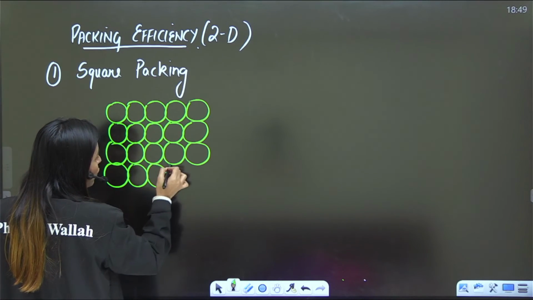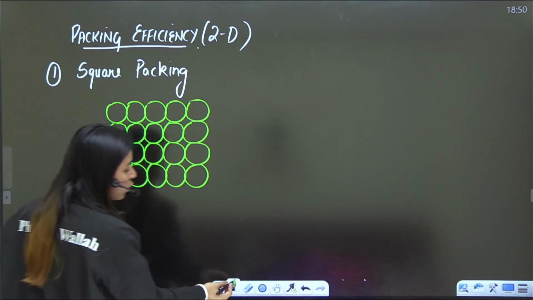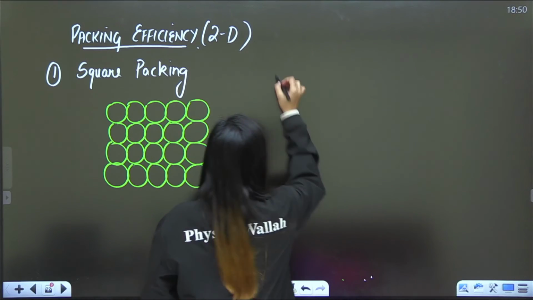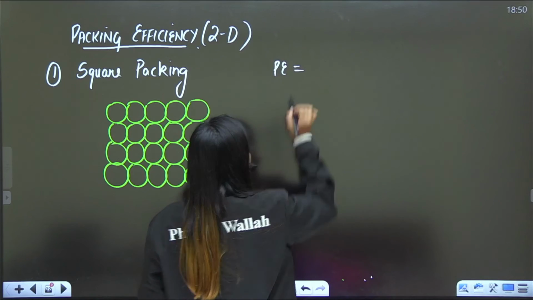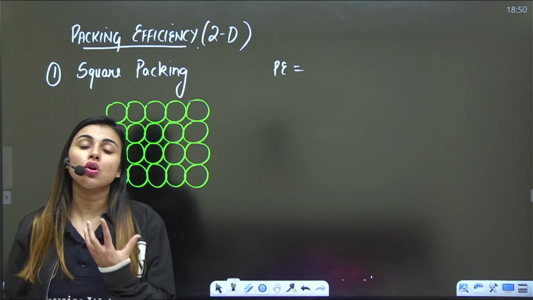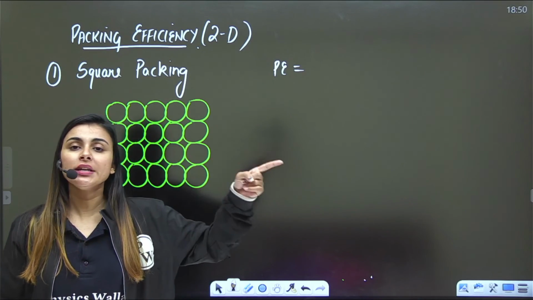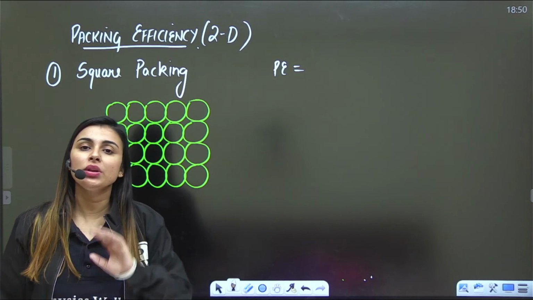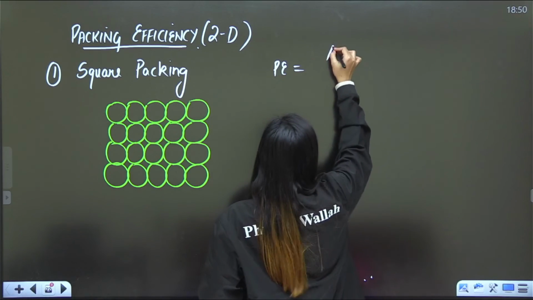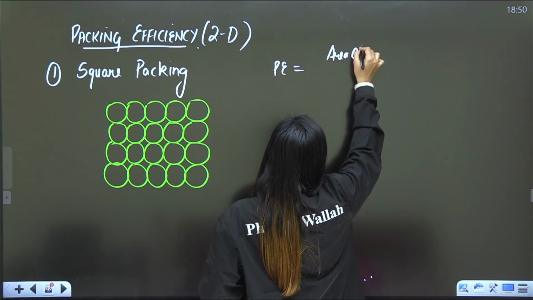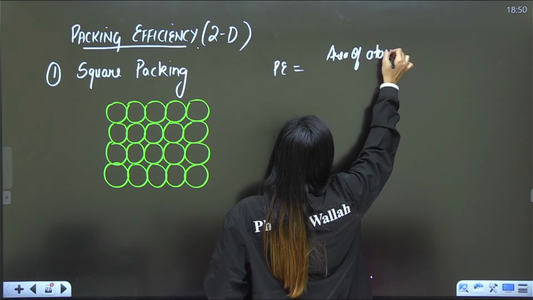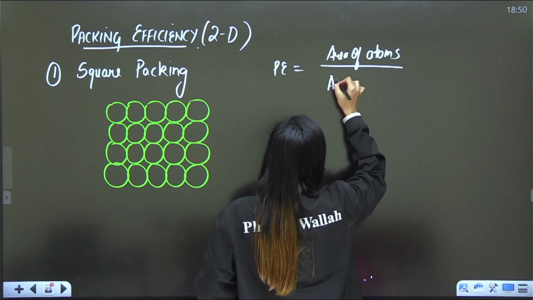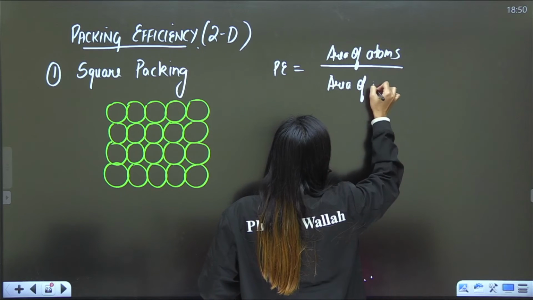So how are we going to calculate the packing efficiency? I hope all of you remember that for packing efficiency, since now it is 2 dimension, we'll have to talk about it in terms of area, not in terms of volume, because in 2 dimension you only have area. So area of atoms upon area of unit cell.